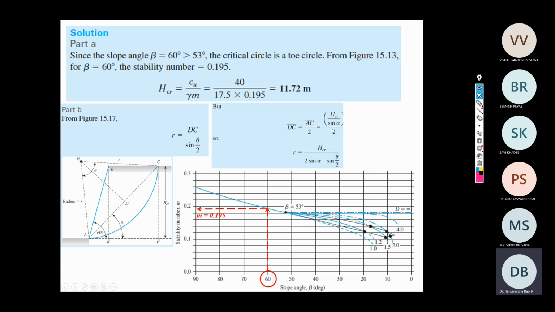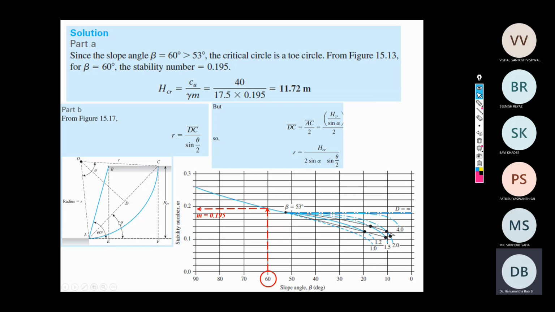Substitute these in the previous equation and simplify. Then what you get is the critical radius R is equal to H critical divided by 2 sine alpha into sine theta by 2. This is how we can derive the equation for determining the radius of the critical slip circle. I hope the derivation is clear to everyone.